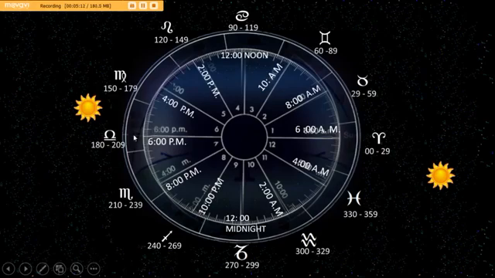This is the horizon line. Okay, so you see the sun coming up on the east side, and then it sets in the west. And then it goes underneath for 12 hours. Midnight, 2 a.m., 4 a.m., 6 a.m., and then it rises again.